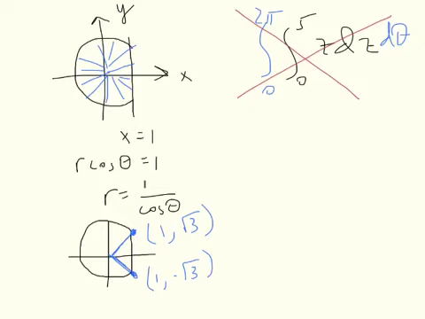I'm using a triangle to find out what those points are. I know that our radius is 2 and that the x-coordinate is 1, and so 4 minus 1 gives us 3. This is the square root of 3, and that means that this angle is pi over 3.